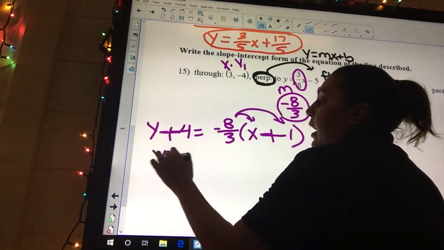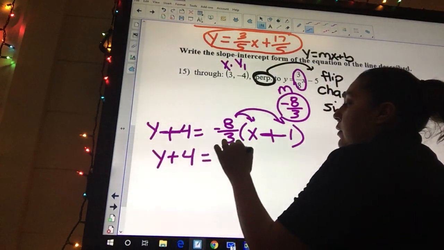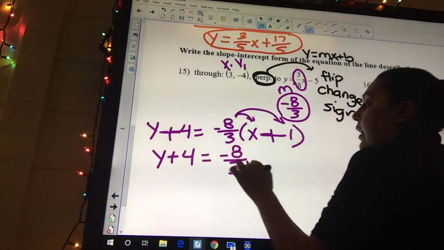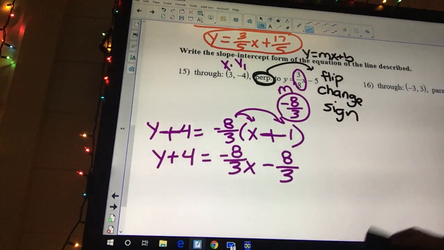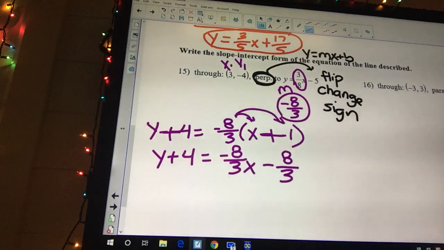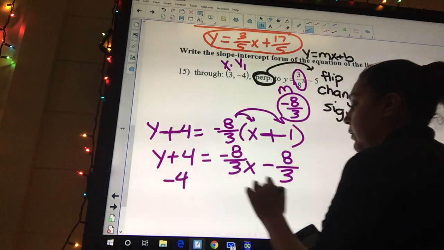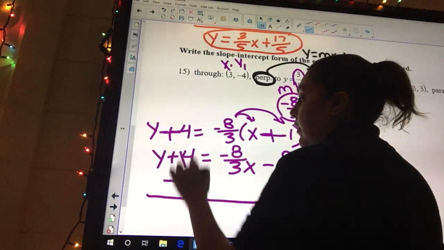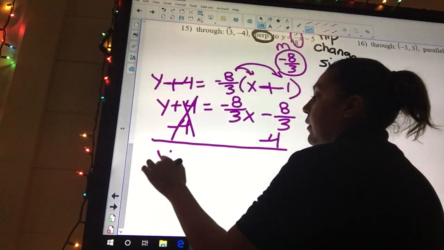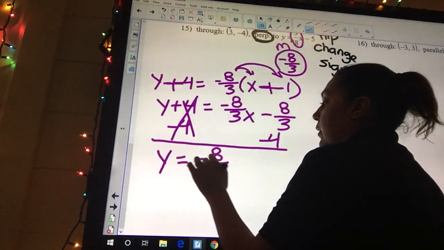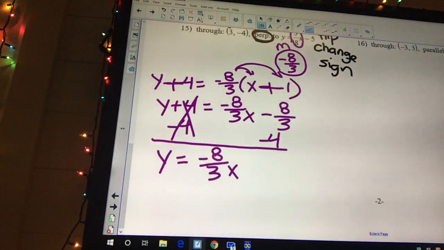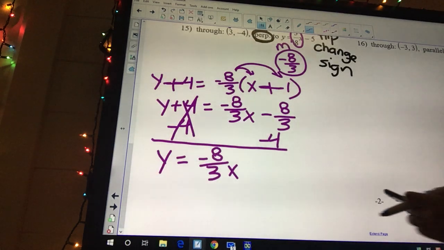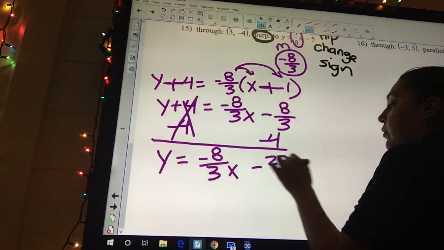So it's going to be y plus 4 equals 8/3 x minus 8/3. And then we got to subtract 4 from both sides. Okay, so it's going to be negative 20/3.